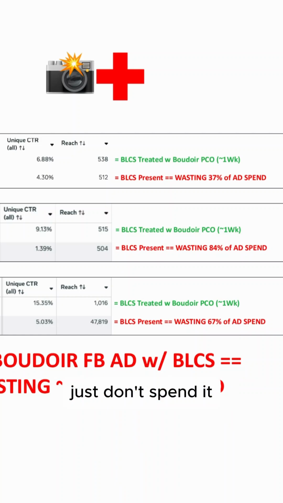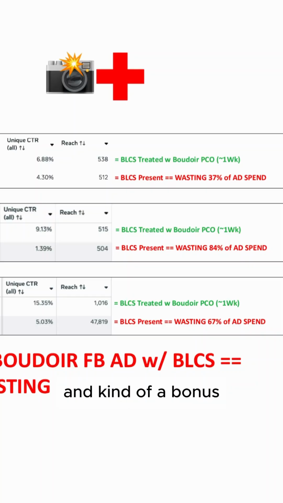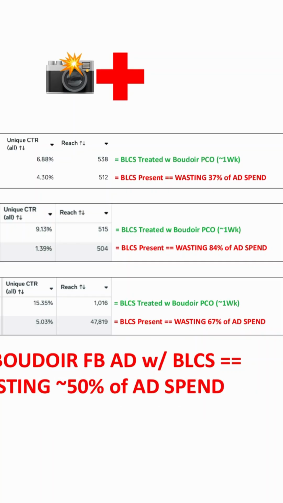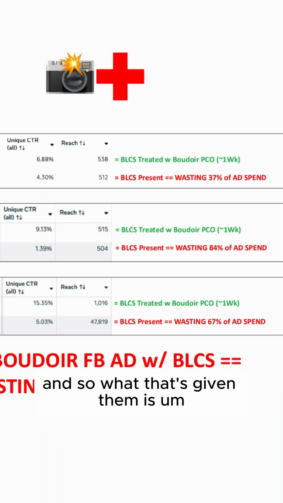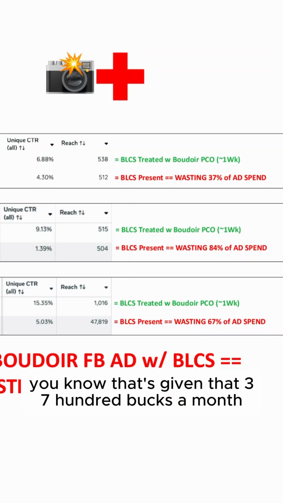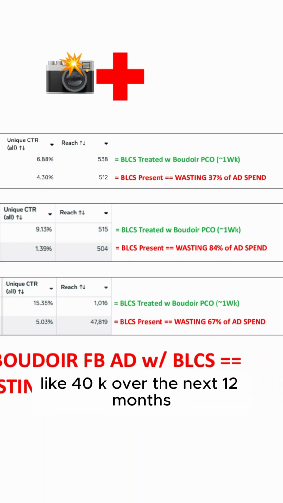They just don't spend it because it would have all been wasted anyways. And kind of a bonus, $3,700 a month bonus. And so what that's given them is $3,700 a month, which is actually like 40K over the next 12 months.